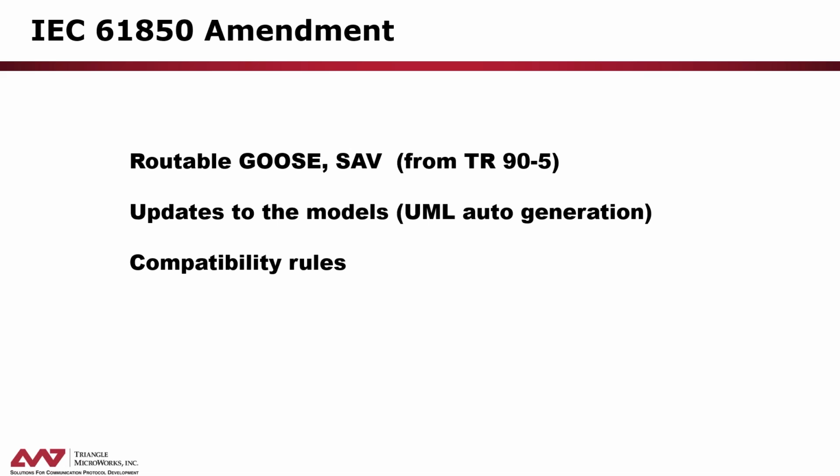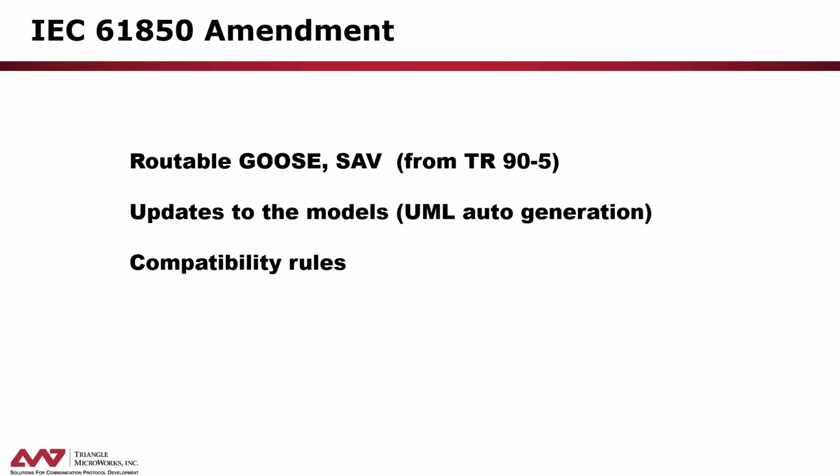TR 90-5 has some good use case and background information in there, but as far as the implementation, that's deprecated at this point, and we've absorbed those definitions into the core parts of the standard, specifically 8.1 and 9.2. So that's the maintenance life cycle. We've pulled in those changes that came from that technical report format instead of from a TISSUE process issue.